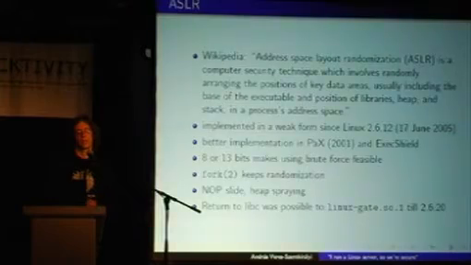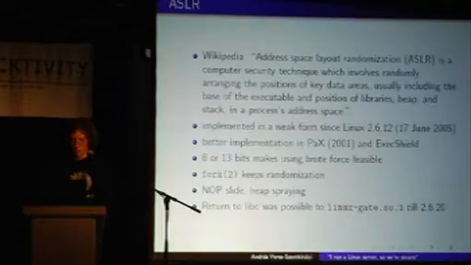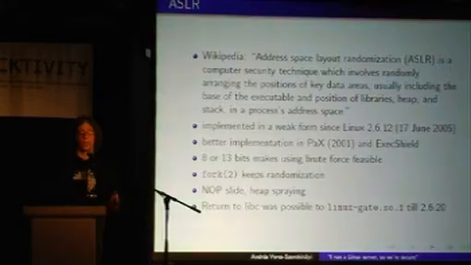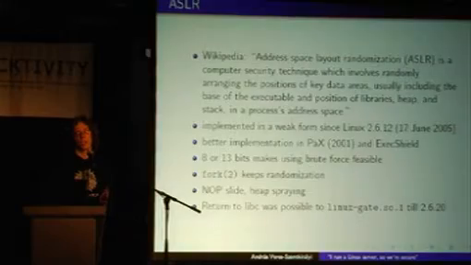Microsoft was also very careful about randomization because it may cause compatibility problems. As in the case of Linux-gate.so, a shared object file, it used to have a static address, despite the fact that all other structures of the program were randomized.